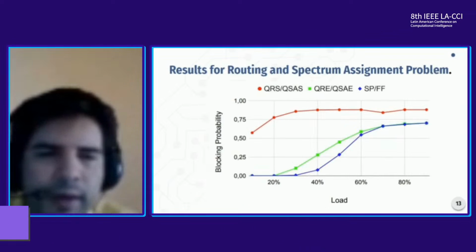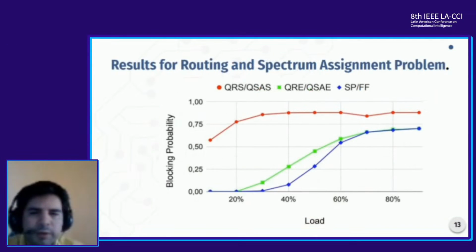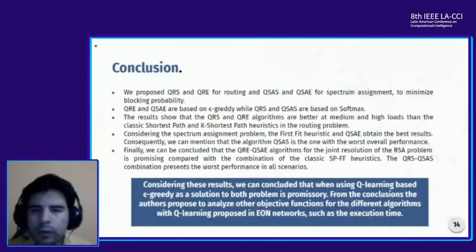As we can see in the next figure, the SPFF strategy is ahead, leaving QRE and QSAE, and QRS and QSAS in the second and third place, respectively.